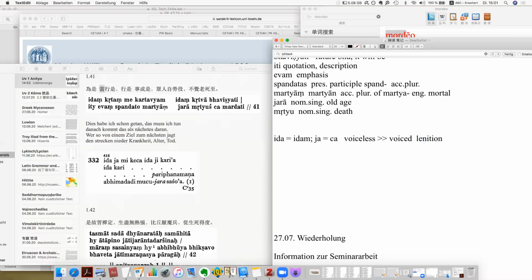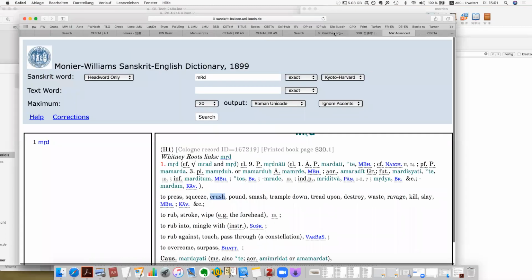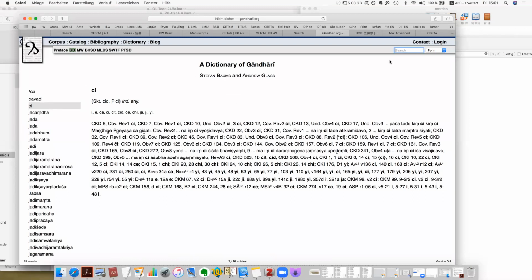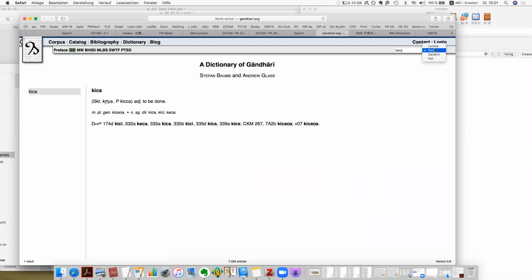And then kecha means kritia, or I think it's kritia. We can check it. So let's use this dictionary Gāndhārī, and we check kecha. So pay attention. You select form, not lemma.